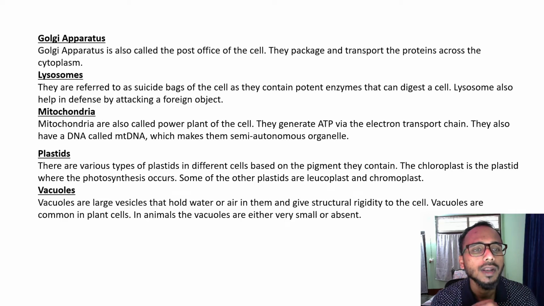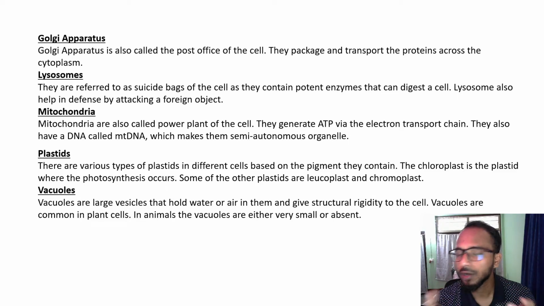Next is mitochondria. What is mitochondria? Mitochondria is called the power plant of the cell. They generate ATP, adenosine triphosphate, via the electron transport chain. They also have DNA called mtDNA, which makes it a semi-autonomous organelle. Mitochondria is like the powerhouse.